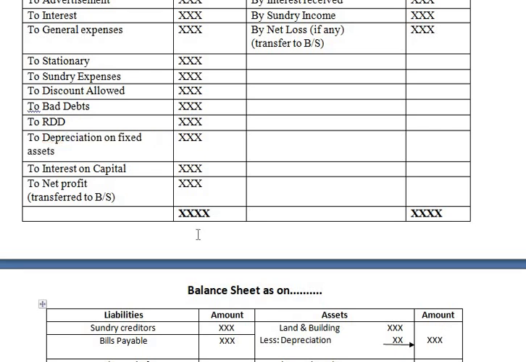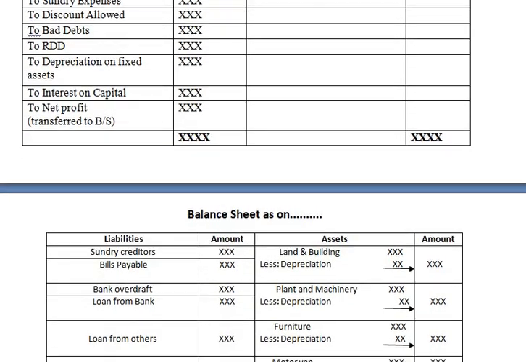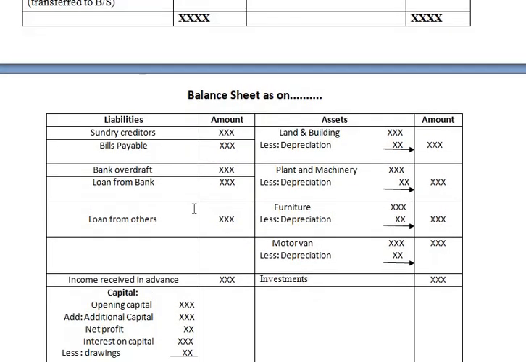One entry will be to the debit side of the profit and loss account, and another entry will be to the asset side in terms of the balance sheet. So debit side to the profit and loss account because that is an expense, and to the balance sheet you will deduct that particular amount from that respective asset, okay.